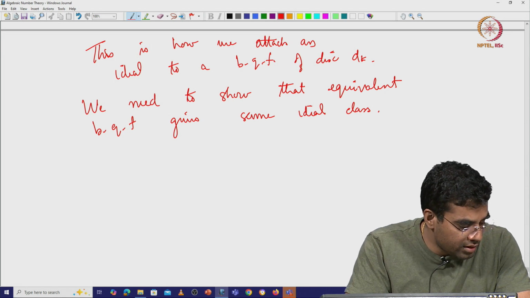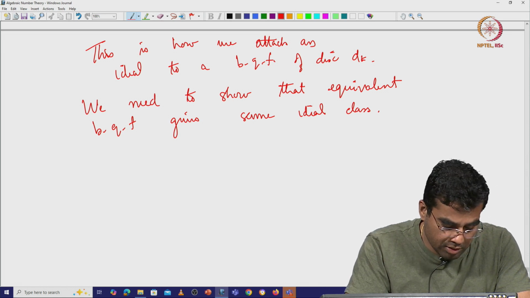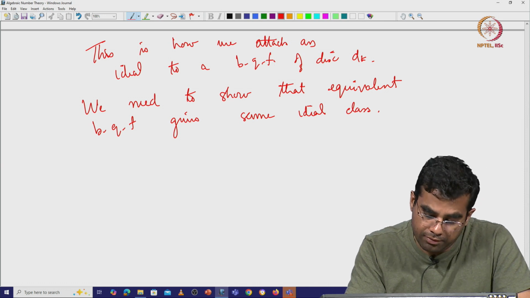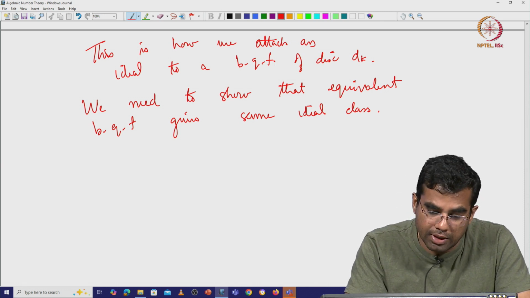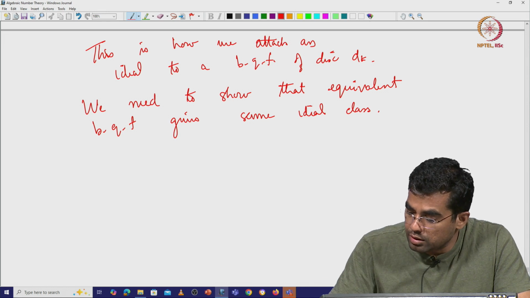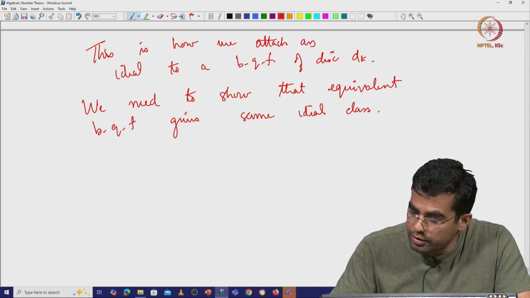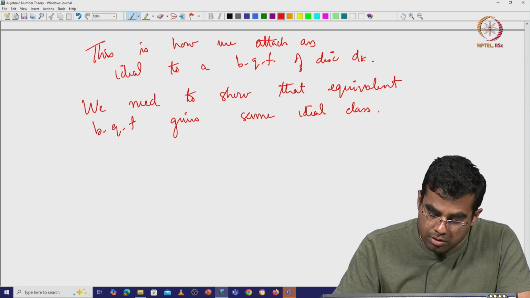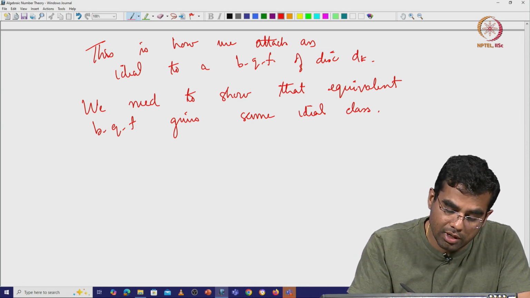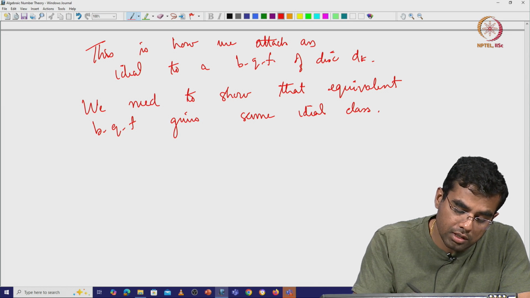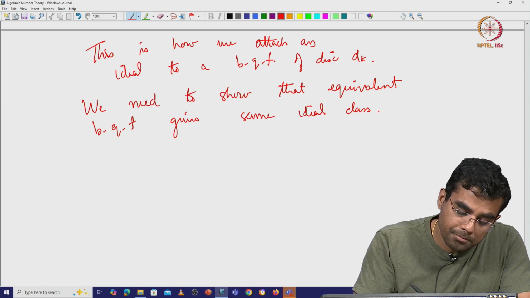It is better to say that if you take an equivalent binary quadratic form, you get an equivalent ideal inside this. And well, how do we do that? It is kind of cumbersome to write the whole thing down, but let me try anyway.